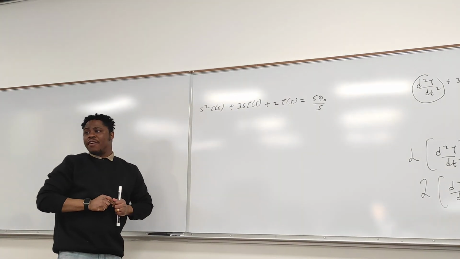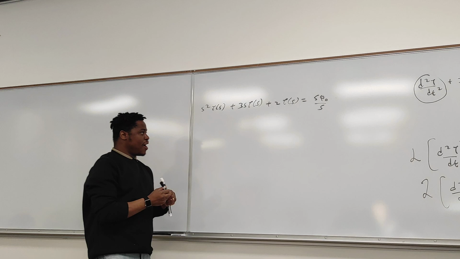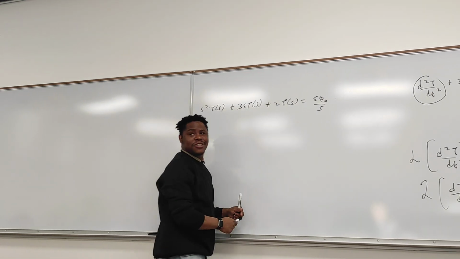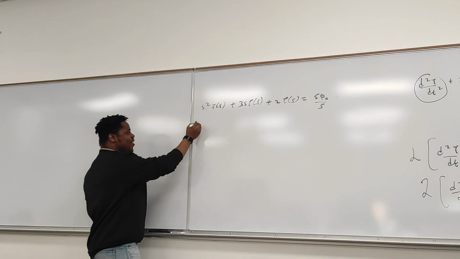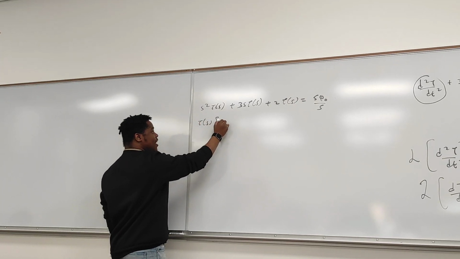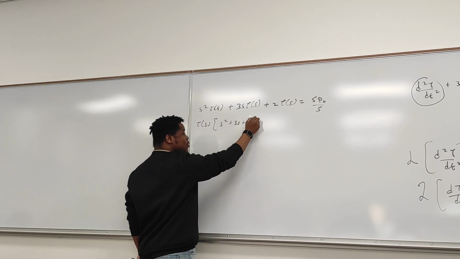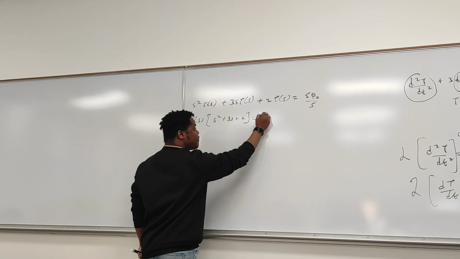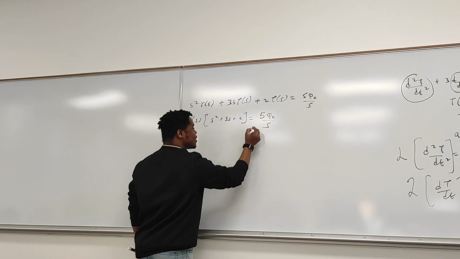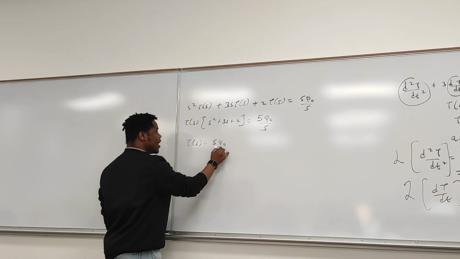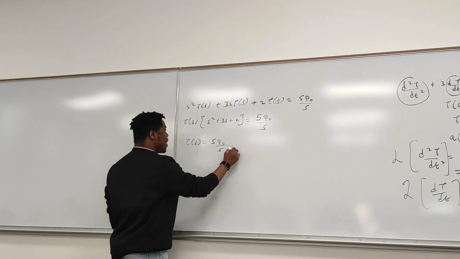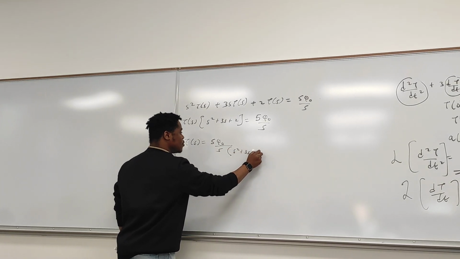Don't confuse my 5 with s, please. If you have it, this is 5, this is s. They look the same, but they are not the same. So this becomes like this, right? S squared plus 3s plus 2 is 5q naught over s. So tau of s becomes 5q naught over s multiplied by s squared plus 3s plus 2.